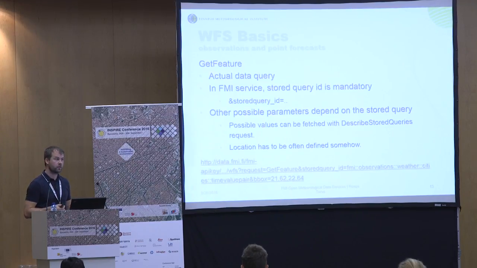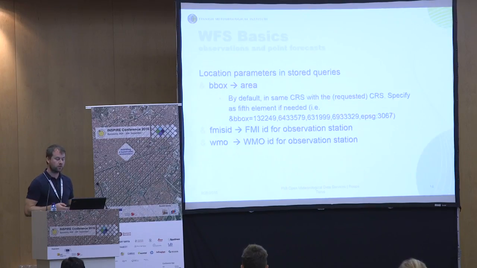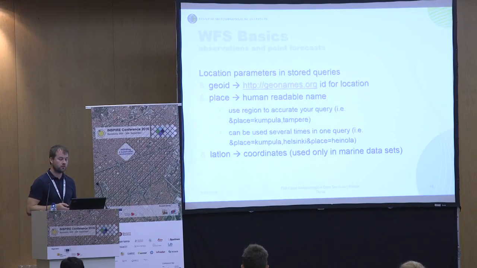Basically, often you have to specify some kind of locational parameter. That could be a bounding box. It could be an ID for the observation station, for example, WMO ID. Or then it could be just a geo ID.